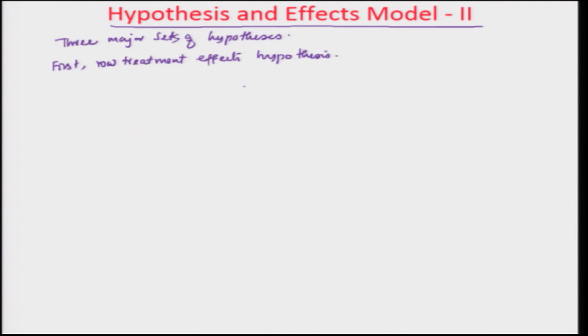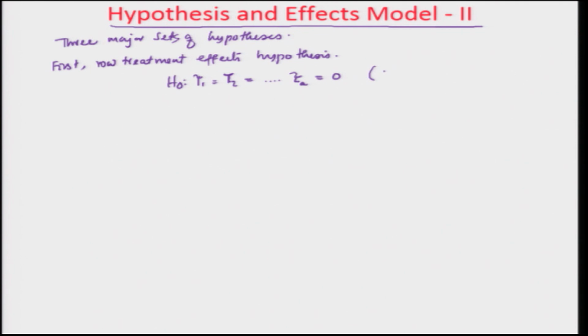First, we do the row treatment effects hypothesis, where we are saying that H0, the null hypothesis, is that tau 1 is equal to tau 2, all the way to tau a, is equal to 0.